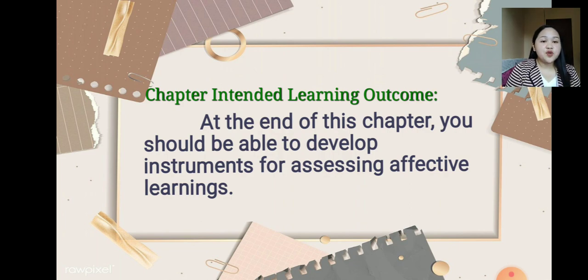Okay, in this chapter, there are various instruments or tools that can be used, but each has its own focus and each instrument is designed to cater to a specific purpose. So, again, in this chapter, there are various methods and assessment tools that can be used to assess the affective domain of a learner.